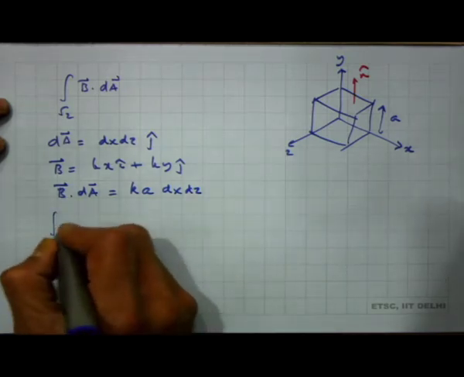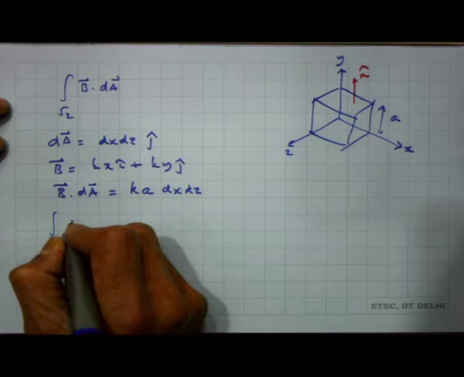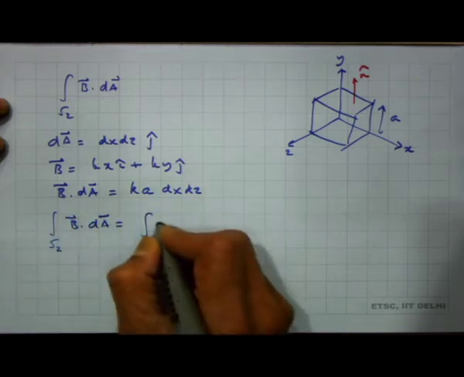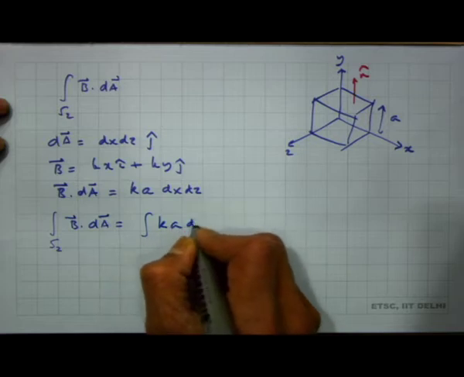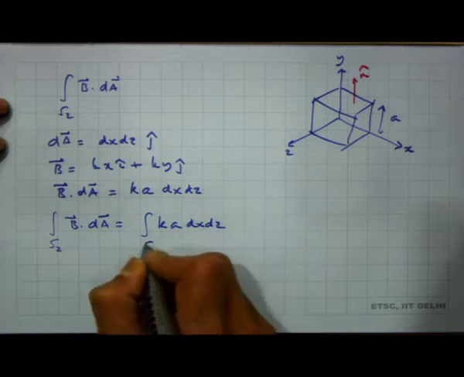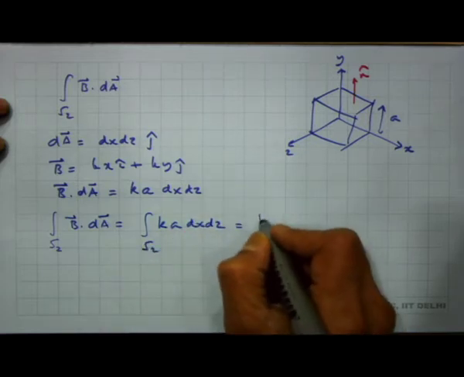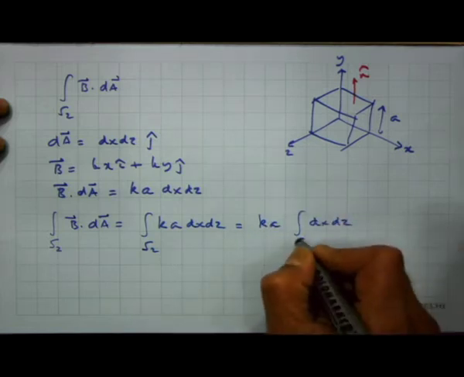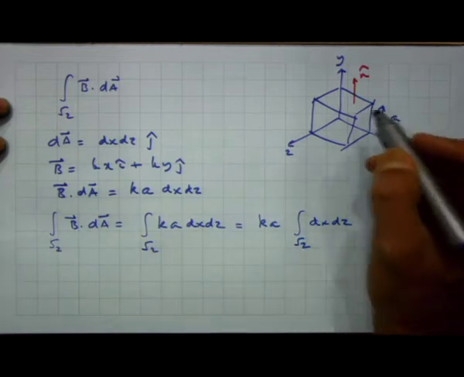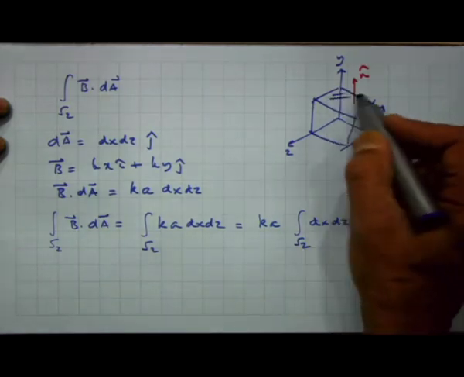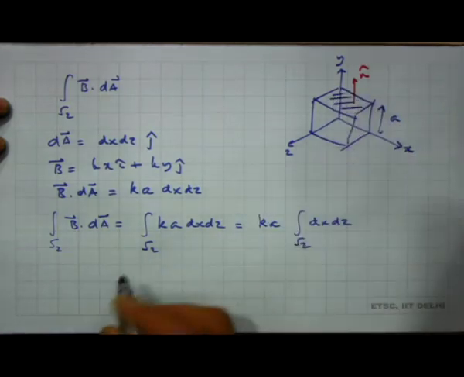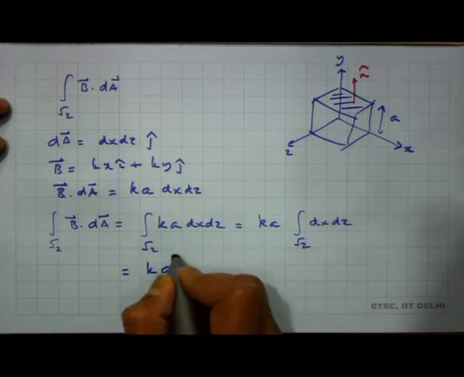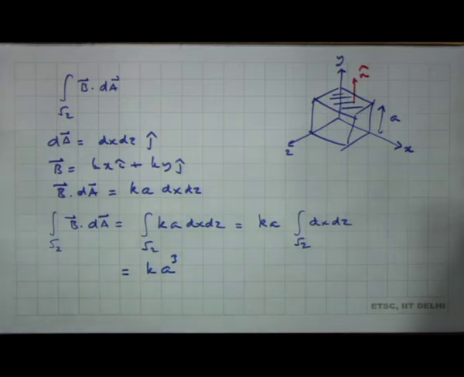So, integral over S2 B dot dA is equal to integral k A dx dz over S2, which is equal to k A times integral dx dz over S2. What is S2? This is the area, which happens to be a square. So, this is k A cube again.